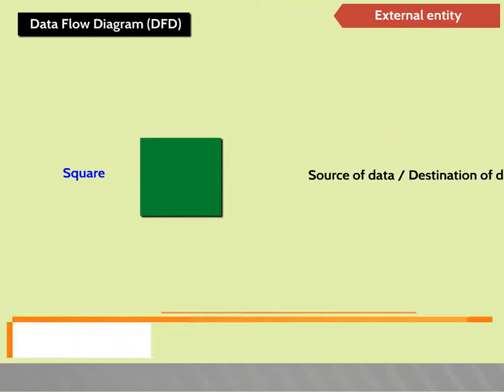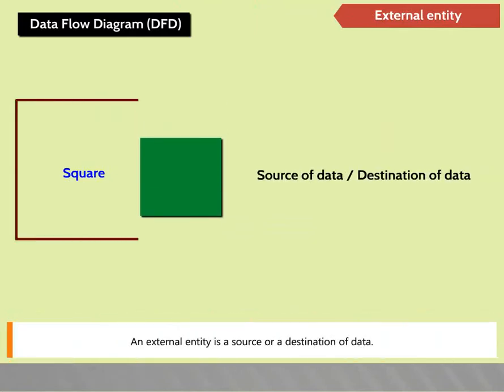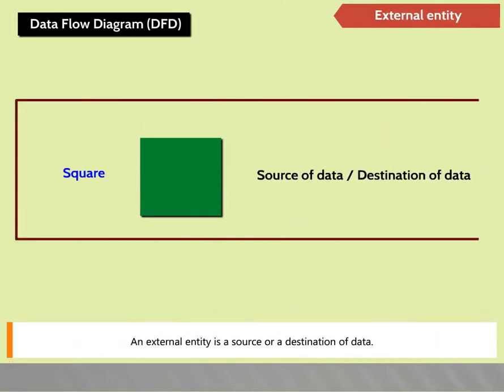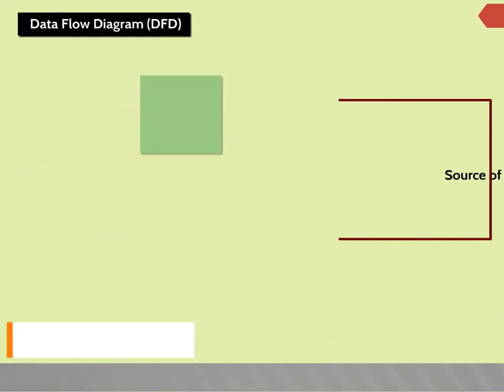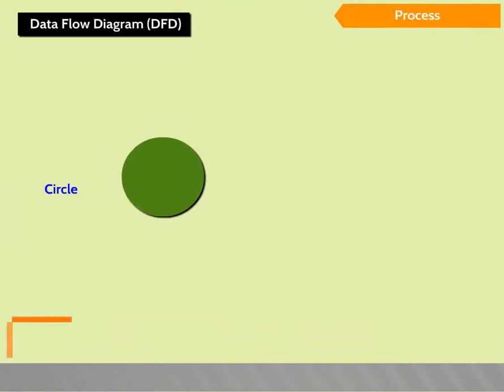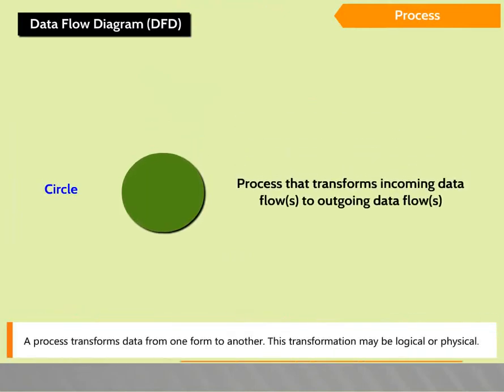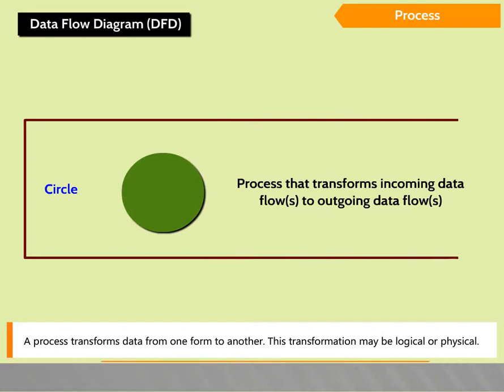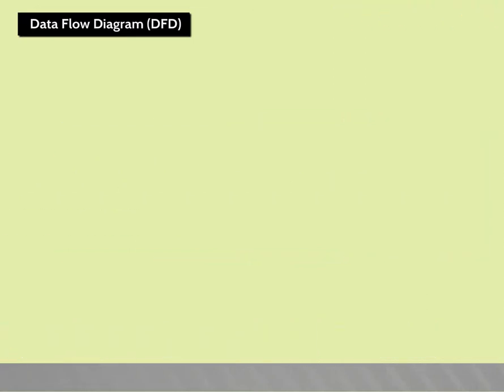External entity. An external entity is a source or a destination of data. Process. A process transforms data from one form to another. This transformation may be logical or physical.